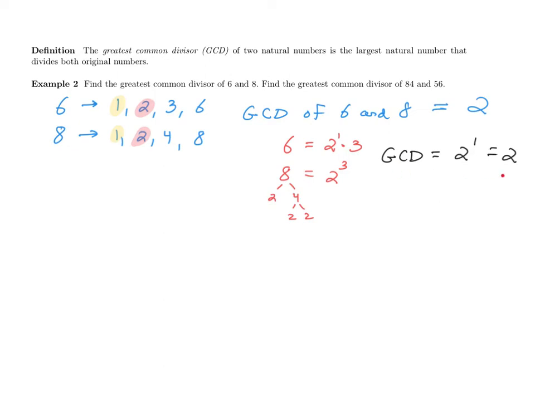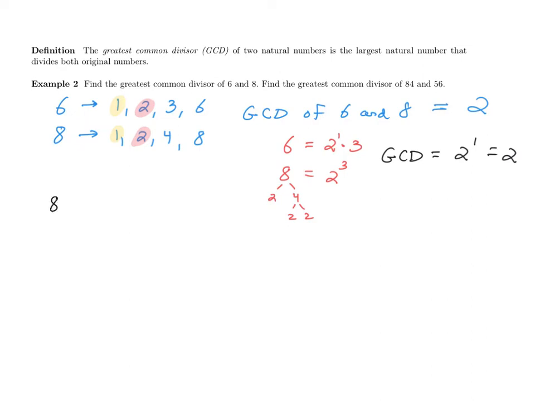I'd like to try this process to find the greatest common divisor of 84 and 56. So I'm not actually going to list out all the divisors and then choose the biggest one. Instead, I'm going to find the prime factorizations of both and then construct the greatest common divisor after that. Let's start with 84.